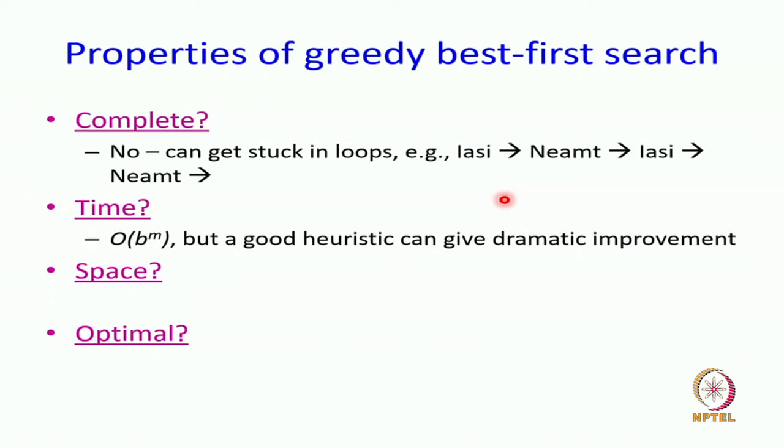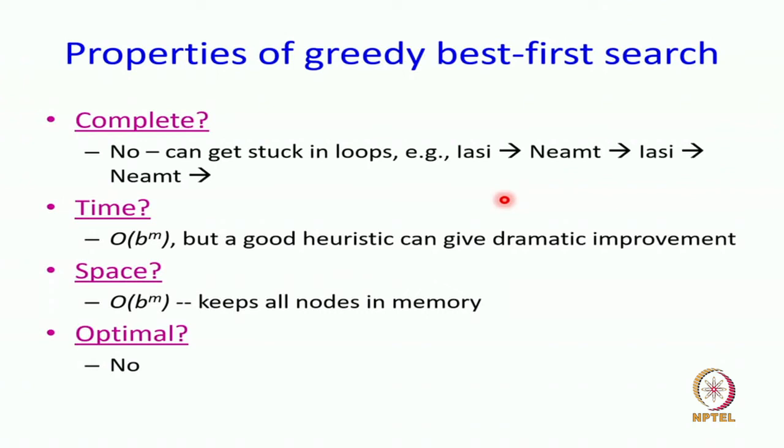But for our practical purposes, a good heuristic can give a dramatic improvement, but in the worst case it will be terrible, both in time and space, believe it or not, because my fringe can become too large. I may end up keeping all or most of the nodes in memory. So my space and time bets are off, and if it is not complete, then likely it is also not optimum. So greedy best first search does not have great properties.